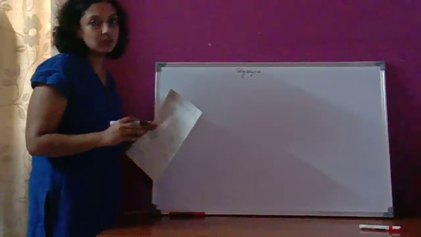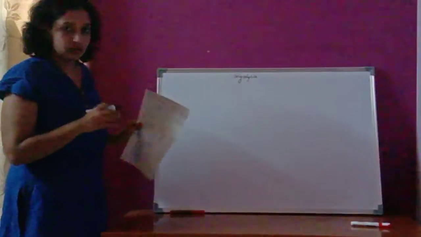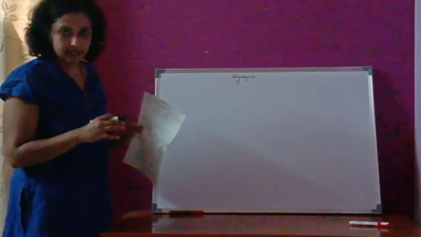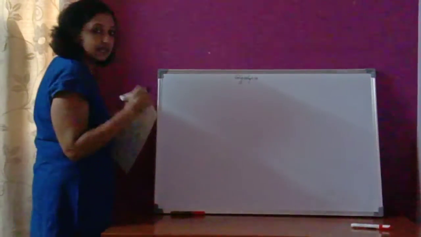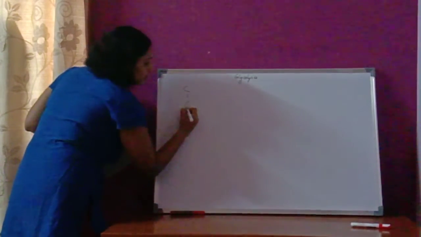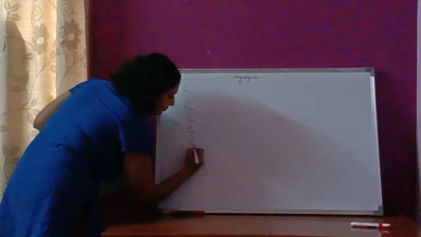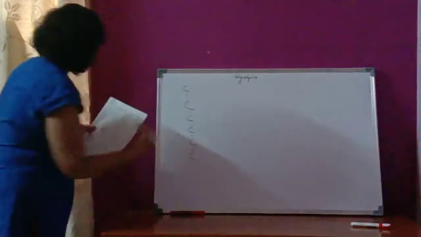Let us begin with the glucose molecule, which is a 6-carbon compound. Please take a look at how I write the structure.